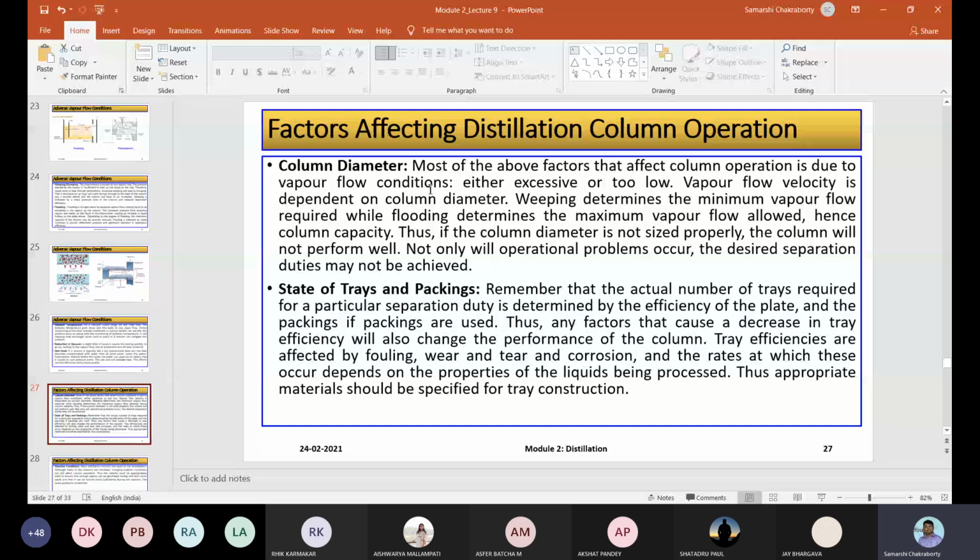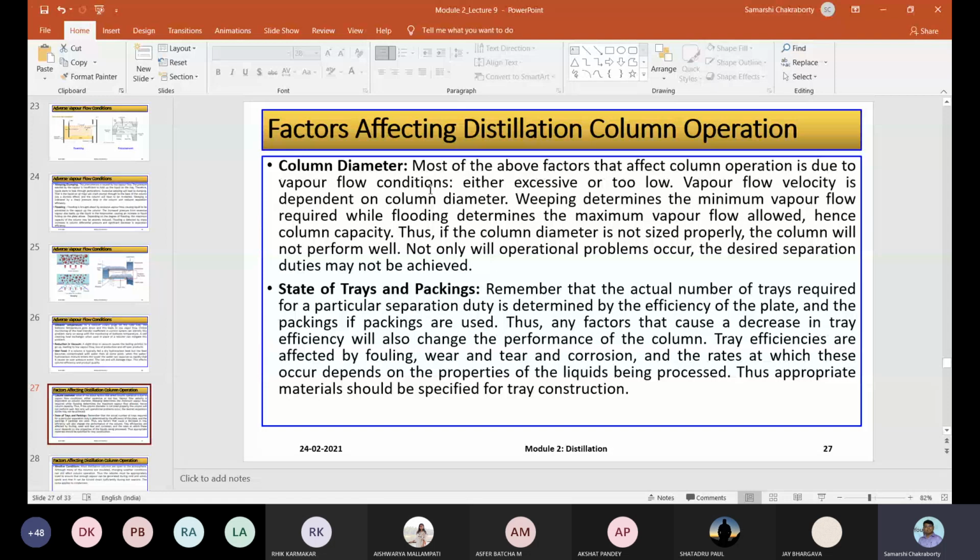Then the rate at which it occurs depends on the properties of the liquid being processed. That is also a factor, because the rate at which corrosion, fouling, or wear and tear is happening is going to determine how my distillation column is performing. Based on the compositional quality, if your crude oil has higher salt, then you have to choose a tray construction material that is specific, so that it can resist the corrosion effect.